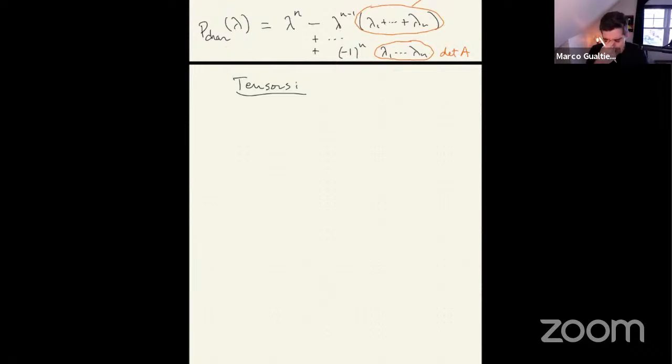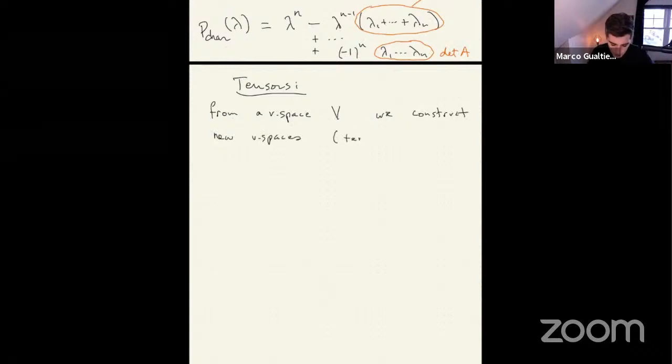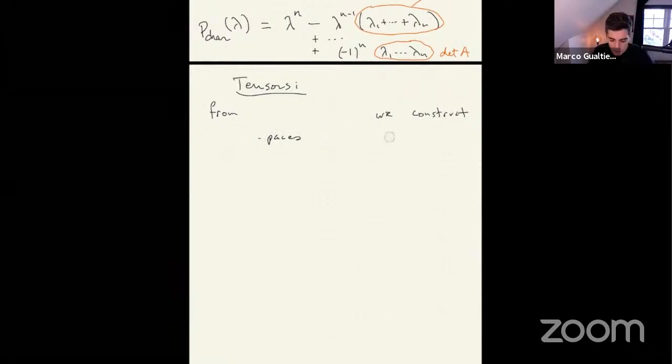There is something about tensors which, okay, so the idea of tensors is that from a vector space V, we will construct new vector spaces, which are called the tensor products. Or actually, let me do the simplest case first.